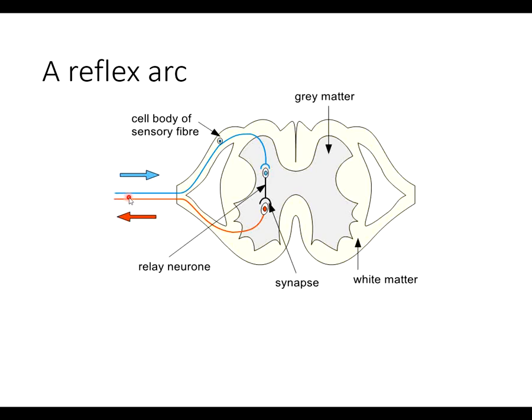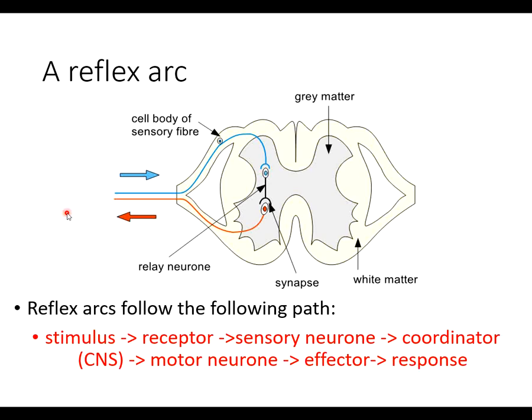So in comes our electrical impulse from here. It synapses with a relay neuron, that synapses with a motor neuron, and it sends out a message, an electrical impulse, to whatever's going to happen. So they all follow this same path. We have a stimulus, so that could be something coming towards your eye.